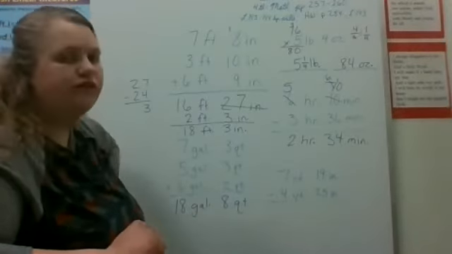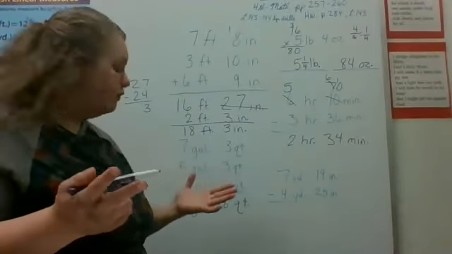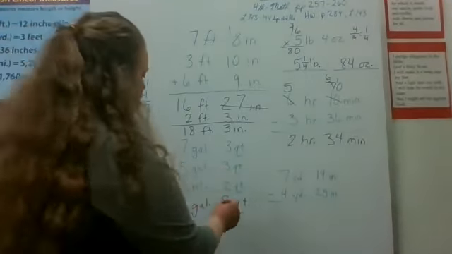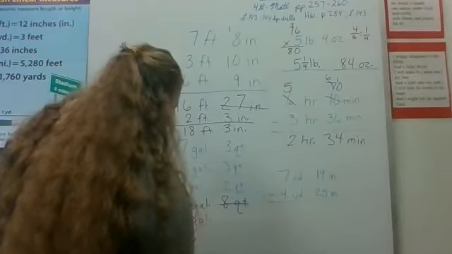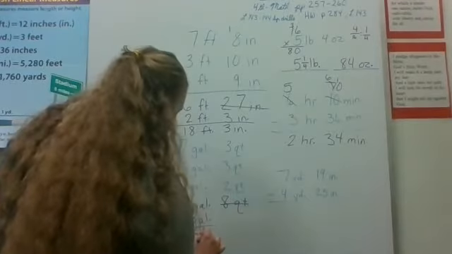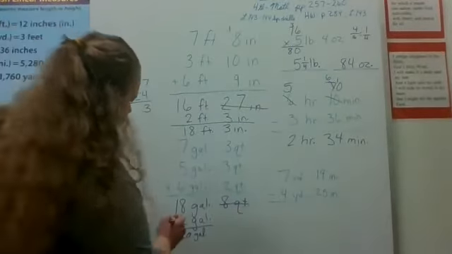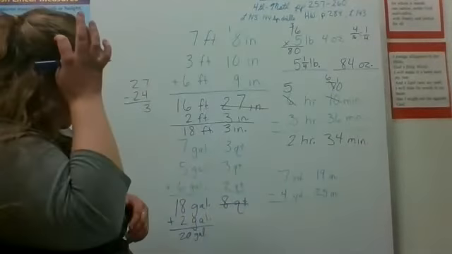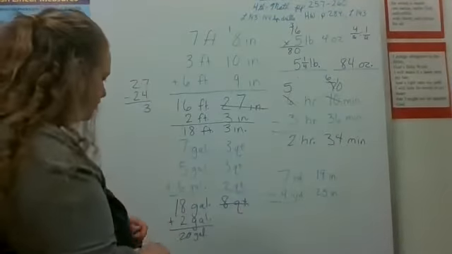Okay, so how many 4s are in 8? 2. Do we have any left over? No, we can cross that out and add 2 gallons, and our answer is 20 gallons. Okay, you see how I did that? Don't forget that we're adding, even though I did the adding, but sometimes you need to put that sign just to remember.